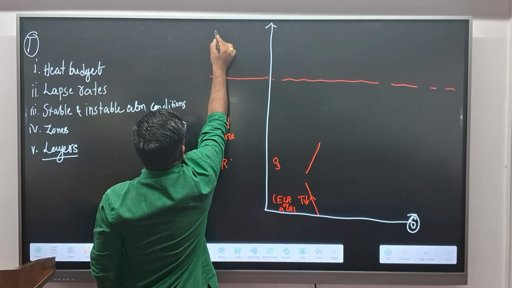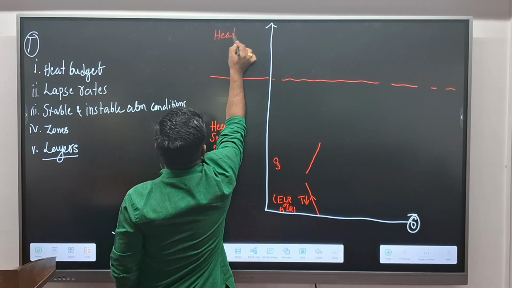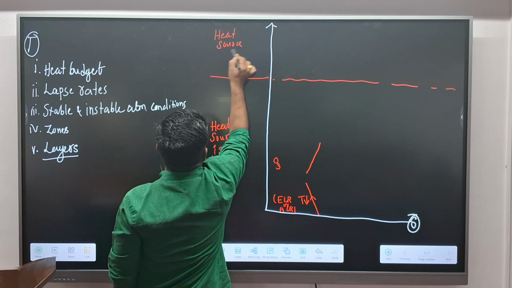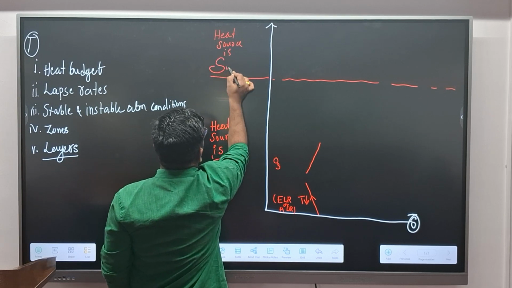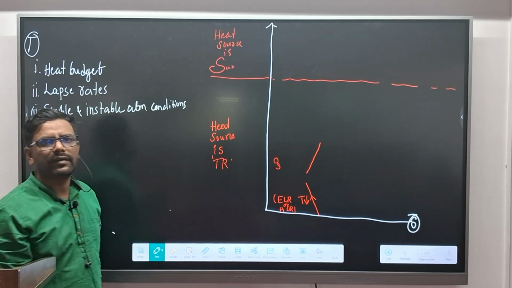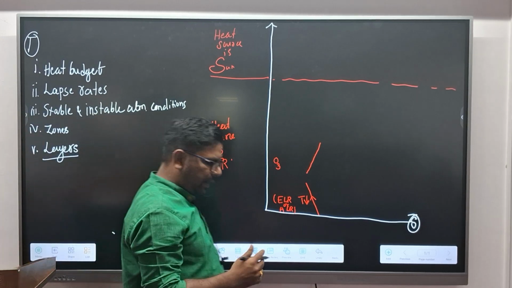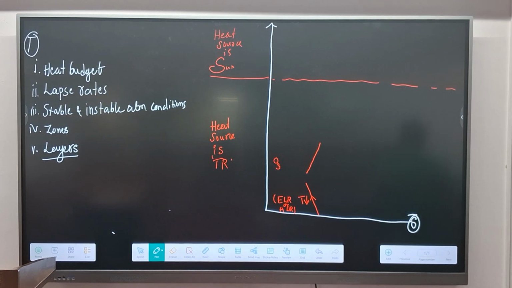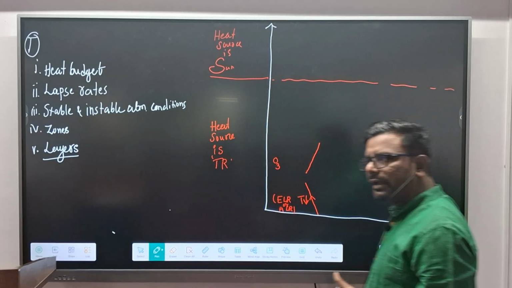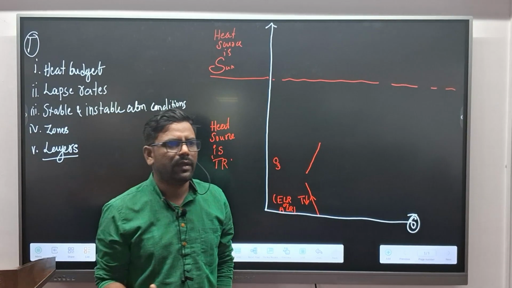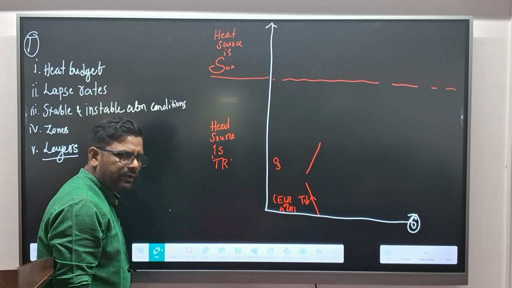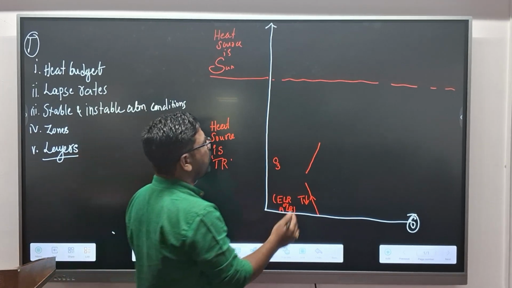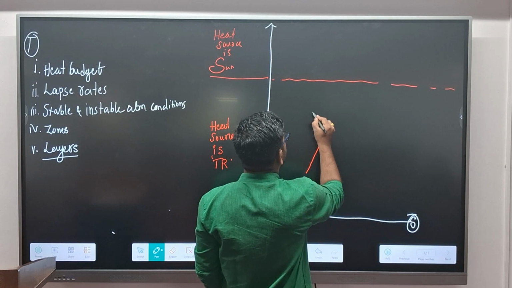From here, the heat source is the sun. Now tell me, as you go up, what happens to the temperature? It has to decrease, because as it goes away from the source, the temperature decreases, right?